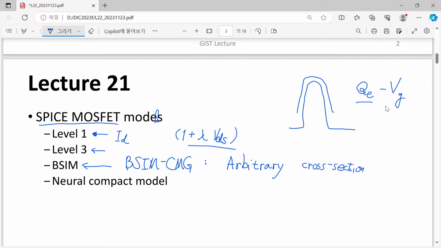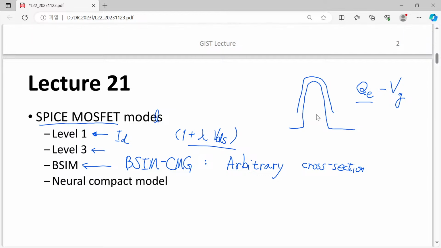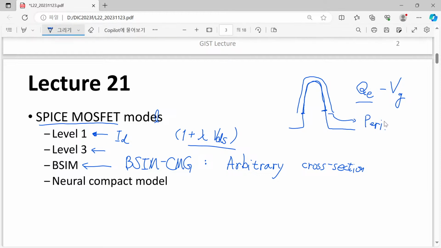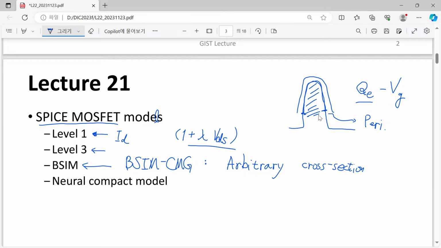That is quite a big problem, and previously people introduced many different models for different cross sections, but fortunately for this BSIM CMG, we have introduced a so-called unified model or universal model, and that is corresponding to these two quantities: the length of this perimeter underneath the gate, that is one thing, perimeter, and another one is the area of our transistor, silicon region, so we have area.